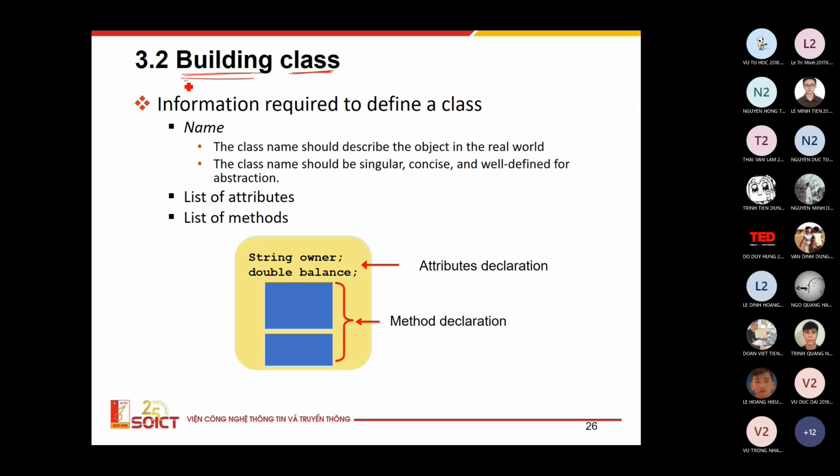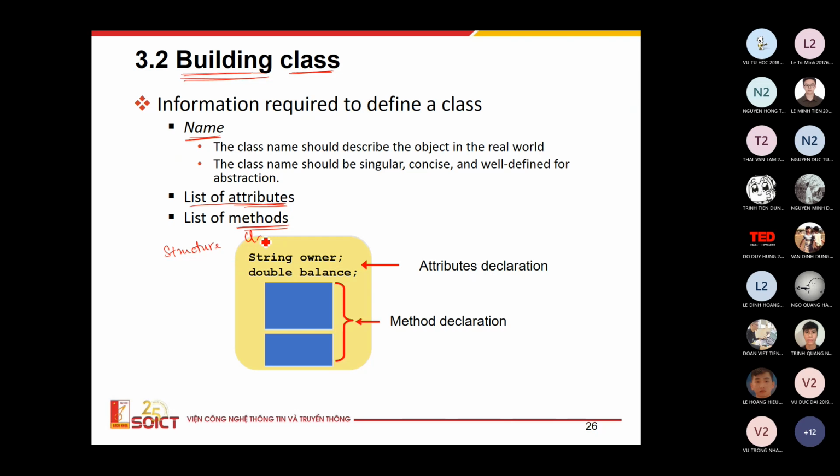You know the definition of the class, and now how you can write down a class. Firstly, you have to know the name of the class, okay? And you have to know every attribute of this class and every method for this class. And then you will define the class with this structure.